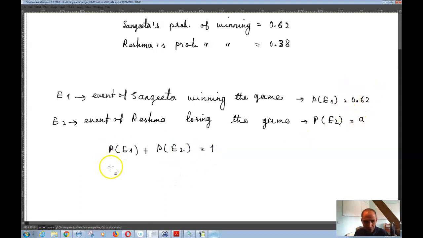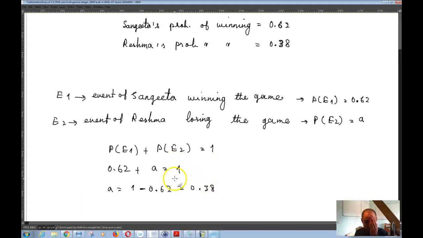That means that 0.62 plus A is supposed to be equal to 1, which means that A is equal to 1 minus 0.62, which is equal to 0.38.